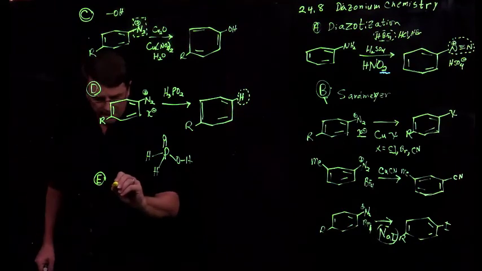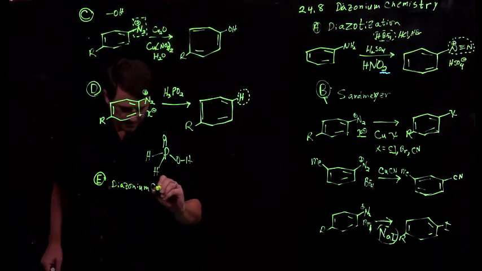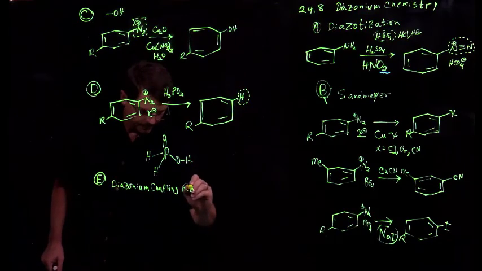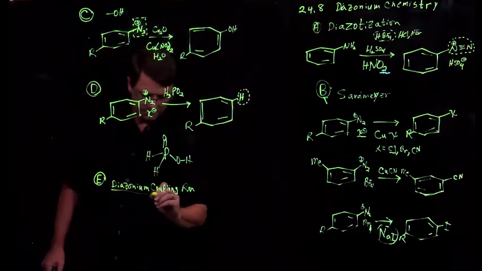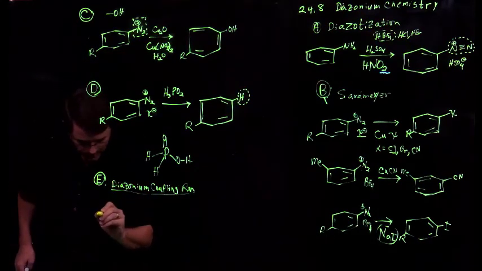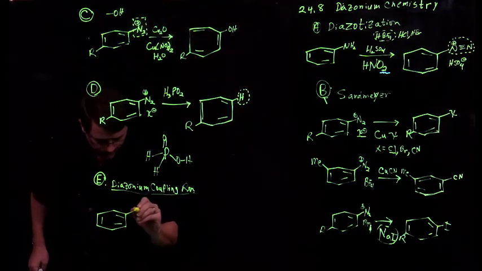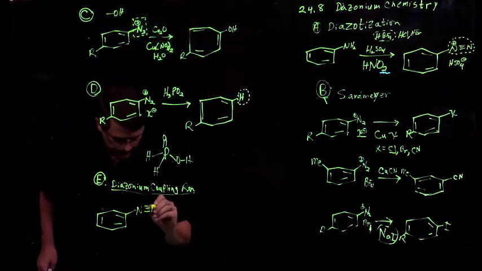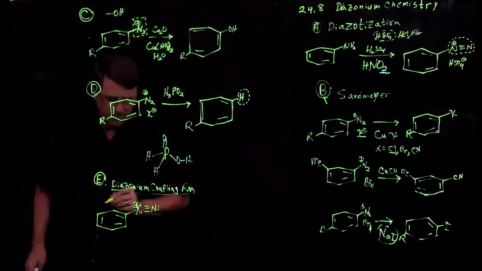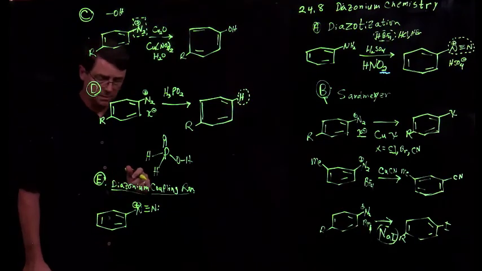This is the diazonium coupling reaction. So the diazonium is really electrophilic. So we would have a formal plus charge on this nitrogen attached to the carbon.